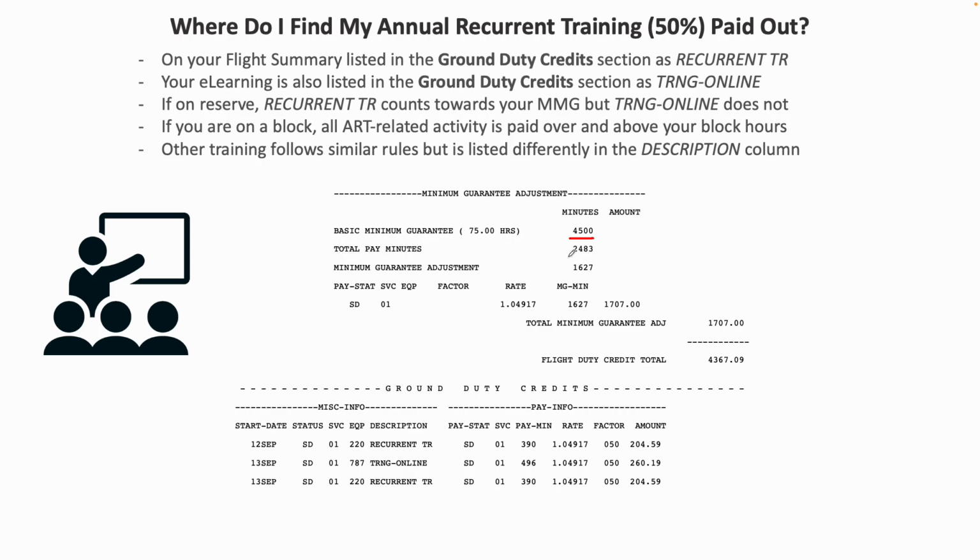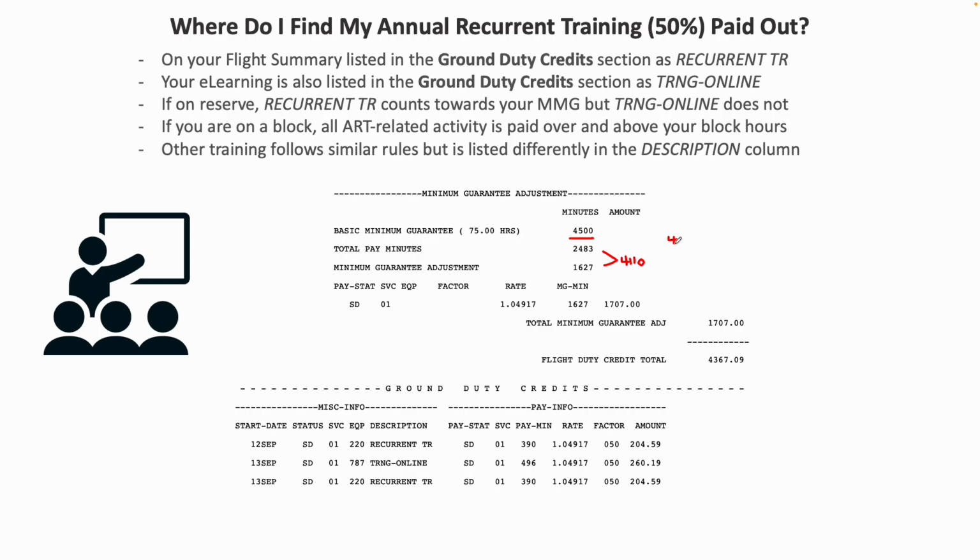But if we do a quick bit of math, we can see when adding 2483 and 1627 that the total comes to 4110. This is, of course, not 4,500. So we have an issue.